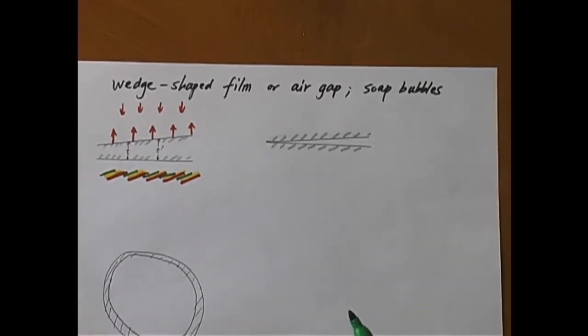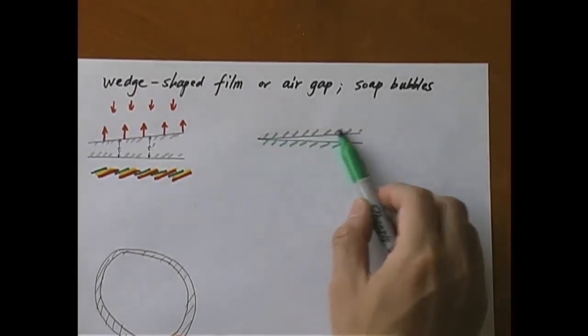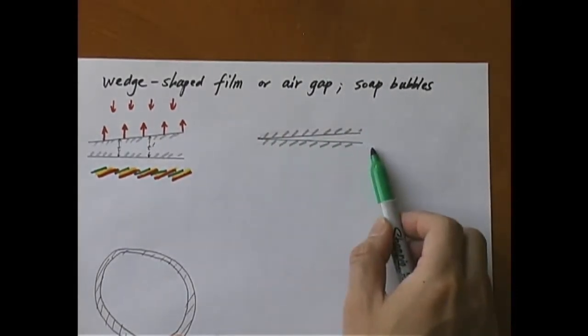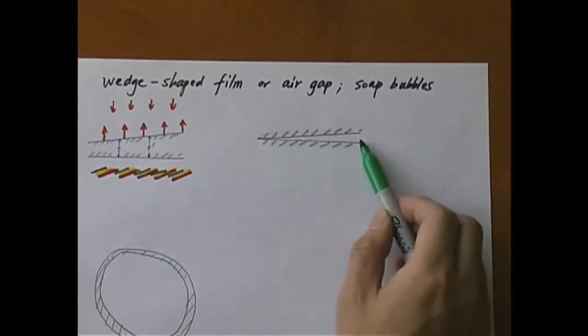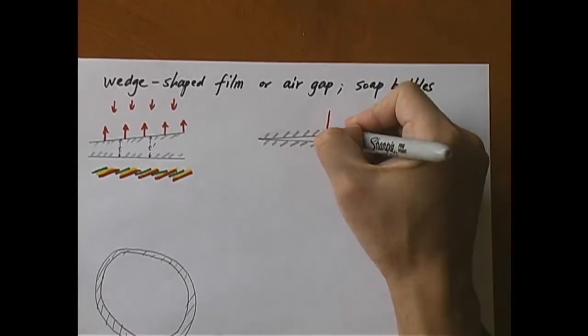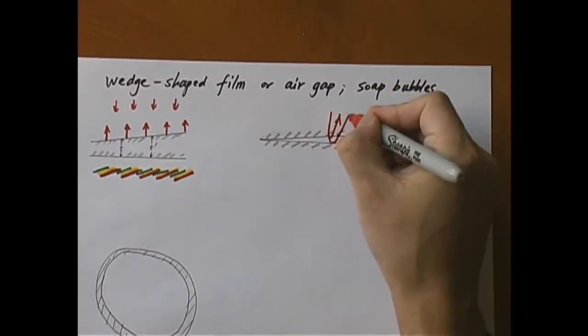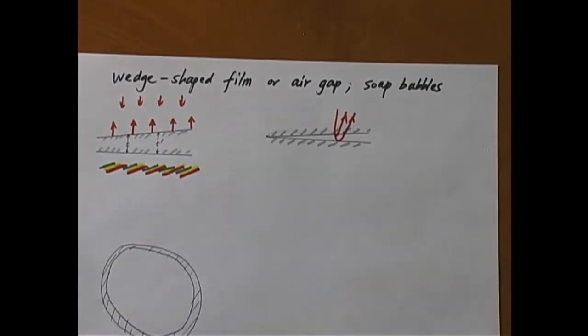Now, another example would be an air gap. So you have here some material of whatever thickness, another material of whatever thickness, but in between them there is a very narrow wedge of air, or air gap. Then you can imagine a beam of light getting reflected like this, another beam of light getting reflected like that, and when they satisfy the right interference condition, they can have a minimum or a maximum upon reflection.